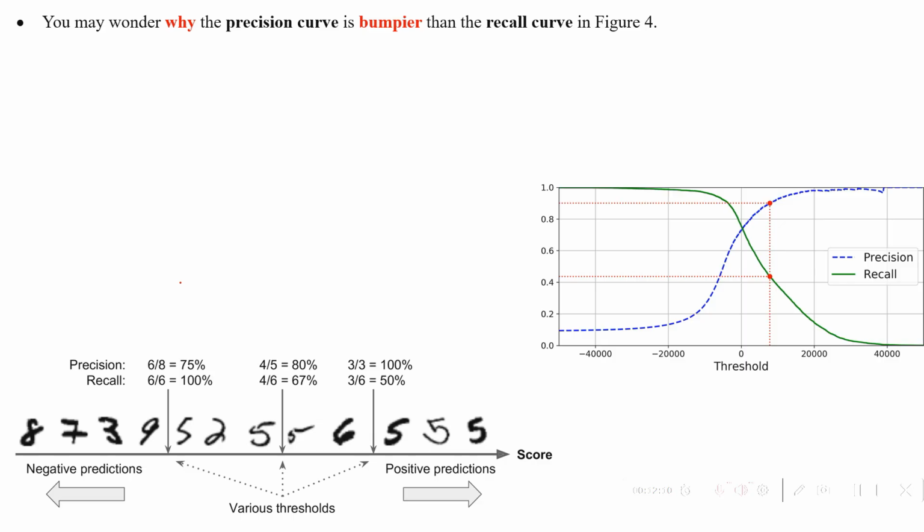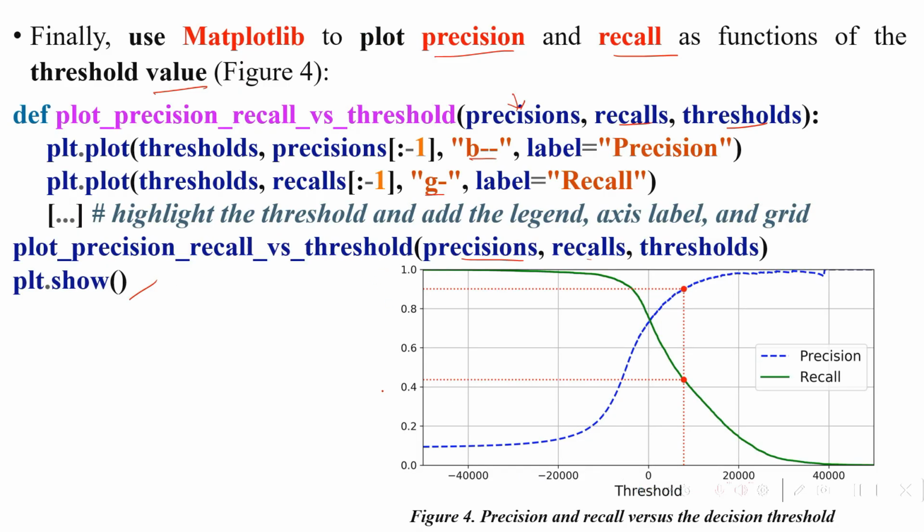Okay, so here the threshold value increases from minus 40,000 towards 40,000 on the positive side. Initially the precision is a low value, and it increases to 1.